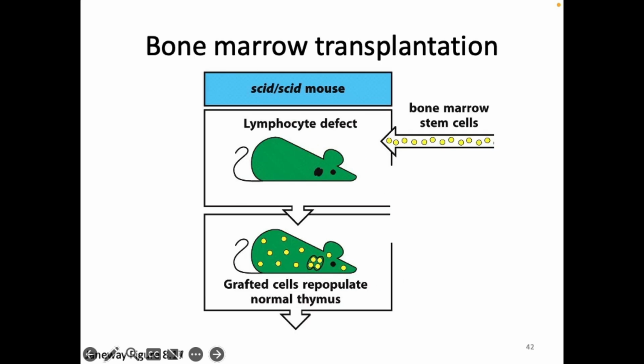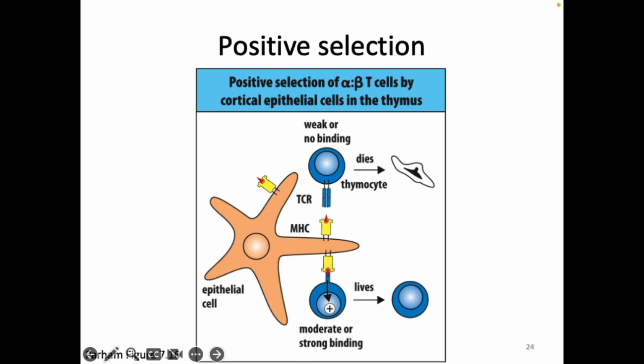If you have a green mouse and you give it yellow bone marrow, well, the thymus was green, so we're going to get green as self, even though these cells came from the yellow mouse. So whenever we do T cell development in the thymus, the resulting T cells always have the restriction of the thymus that they came from.